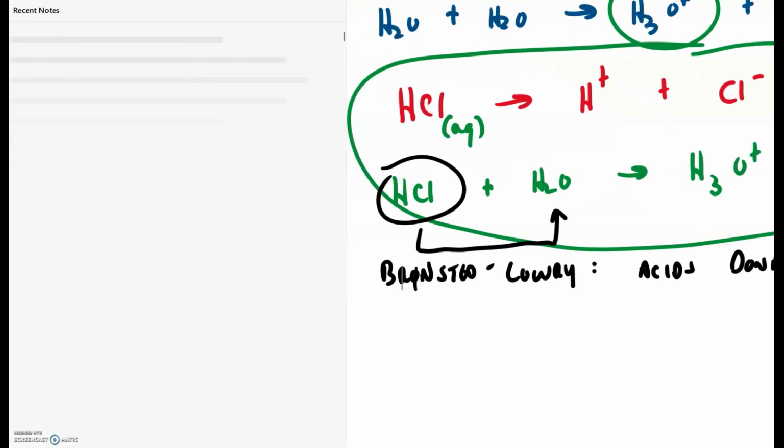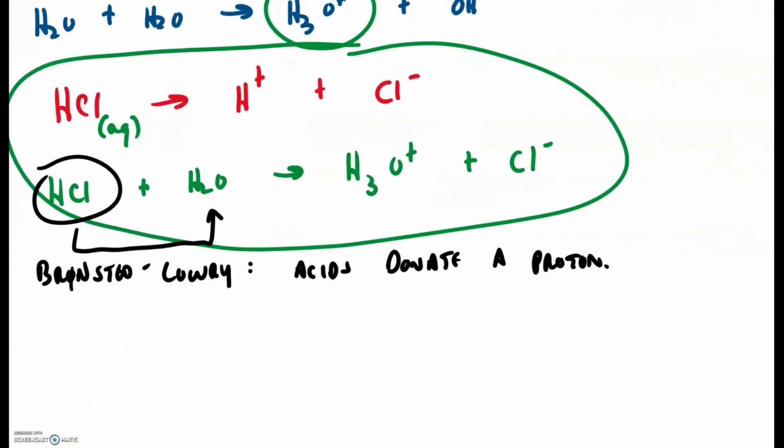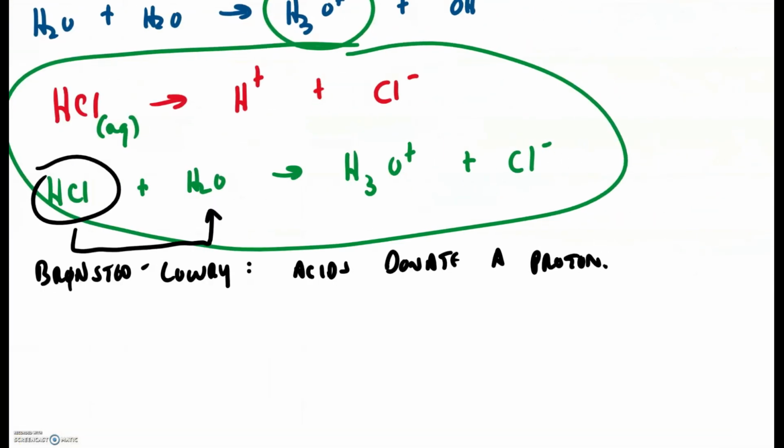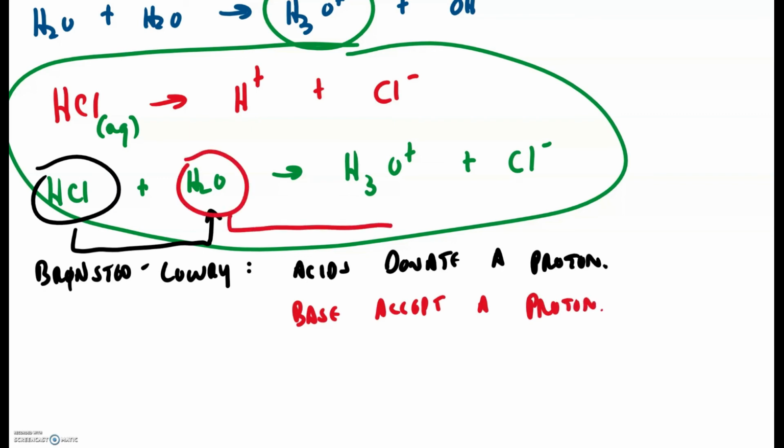Well, what does that make the H2O? According to the other half of the Bronsted-Lowry model, bases accept a proton, like this just did, to make H3O plus.